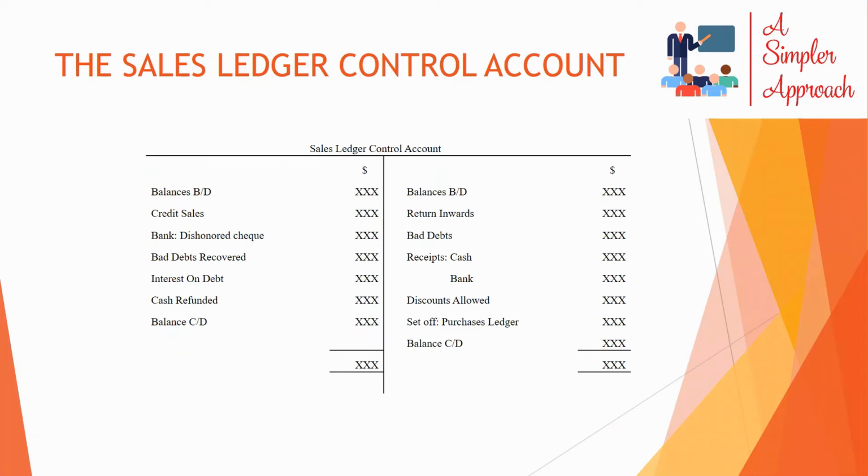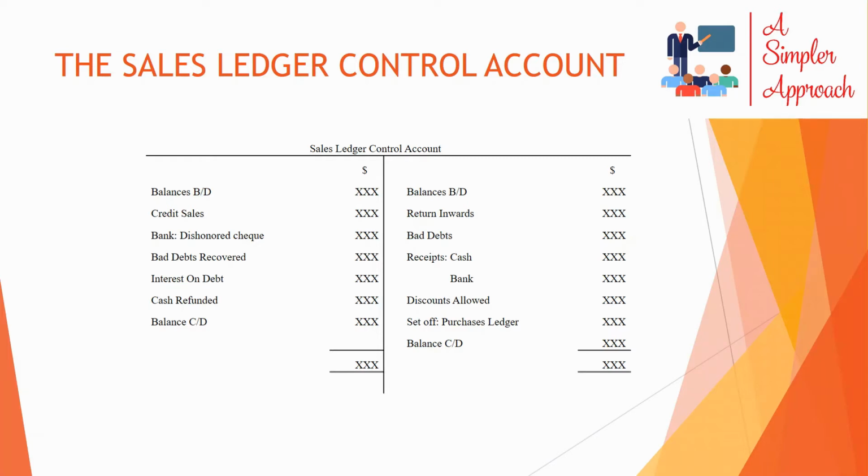This is the outline for the sales ledger control account. In order to accurately process all the information that you are looking at, allow me to give you a map, a tool, if you wish. The sales ledger control account is done from the debtor's perspective.